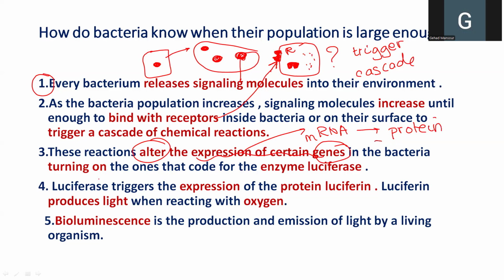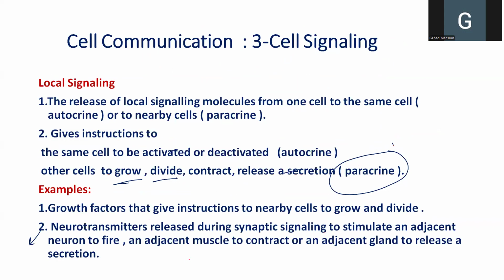Here the alteration will be turning on, when they are numerous, the genes that code for an enzyme called luciferase. The luciferase enzyme will help the formation of luciferin, and when luciferin binds with oxygen, it will produce light and bioluminescence will occur.